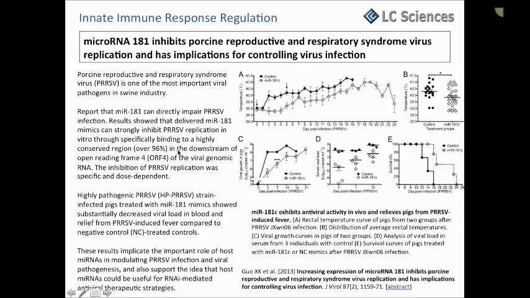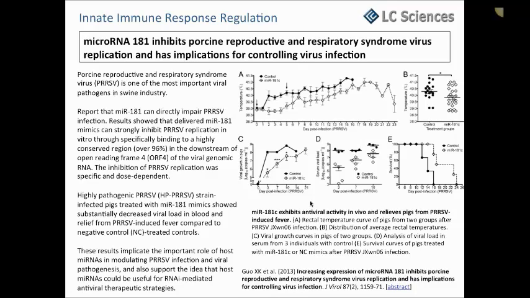Then they tried a treated group where they treated them with microRNA 181. As you can see, the temperature rise is much delayed, and the pigs are actually living longer by roughly a week. The other graphs here just show you the viral load in the animals, again black the control, and then how it looks in the microRNA-induced pigs.